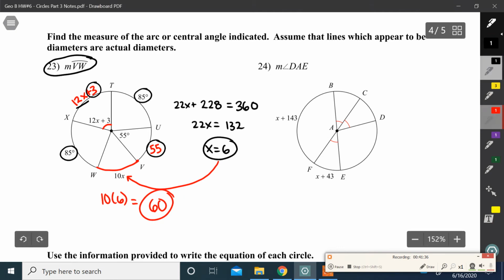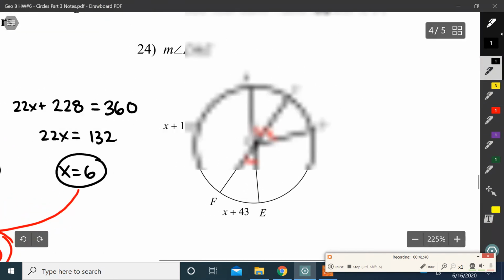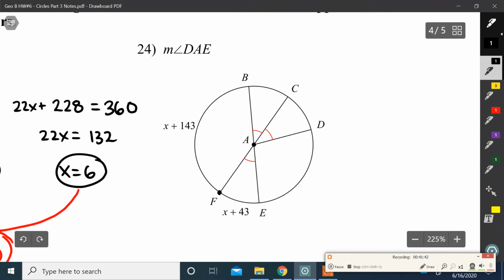Let's take a look at number 24. I'll set it up for you and then you can finish it. If this right here is x plus 43, they're saying that this and this are congruent. So that means that this is also x plus 43. That's what that means, guys. And then this right here, that's also x plus 43.